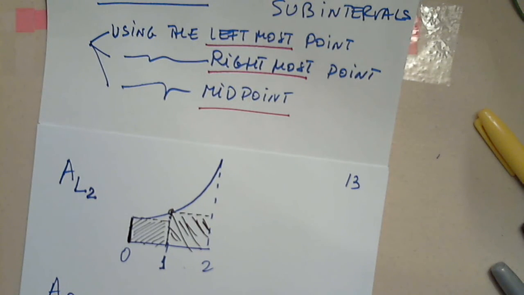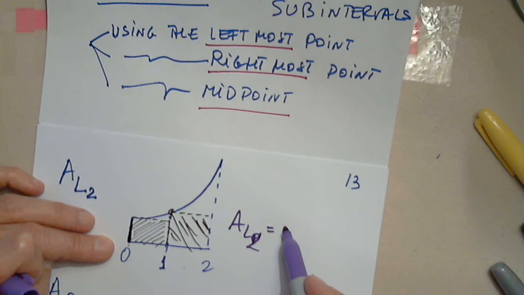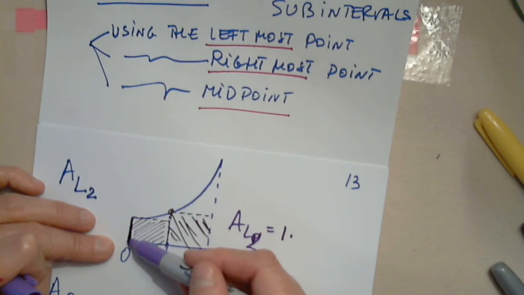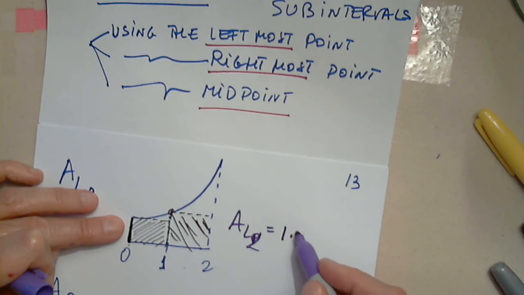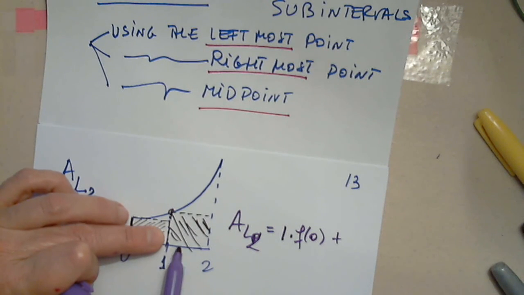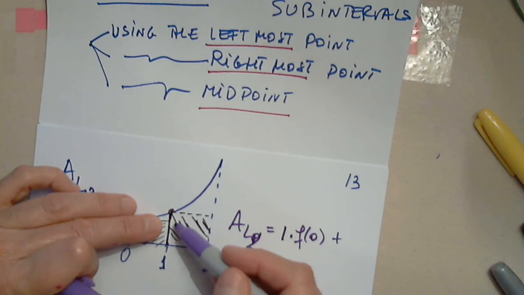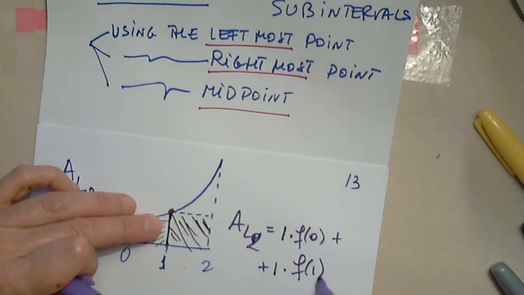So the area with the leftmost point, left 2, is the base of this rectangle, which is 1, multiplied by the height of this rectangle, which is f of 0, plus the base of the second rectangle, which is 1, times the height of the second rectangle, which is f of 1.